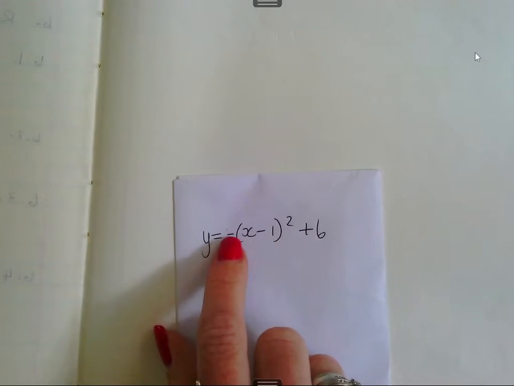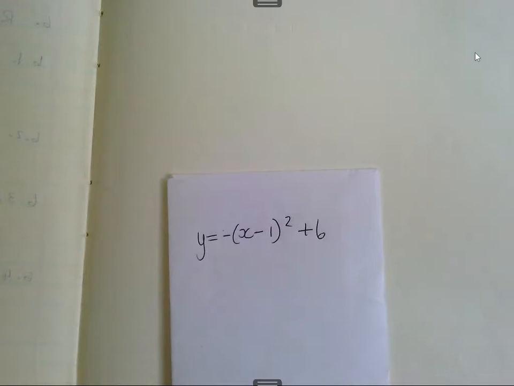Because I see the shape, this is a sad face. Now when you have a sad parabola, that parabola reaches a maximum. When you have a happy parabola, the parabola reaches a minimum. Okay? So when it's in this format, I can see whether it has a maximum value or a minimum value. Do you know what the maximum or the minimum value will be?